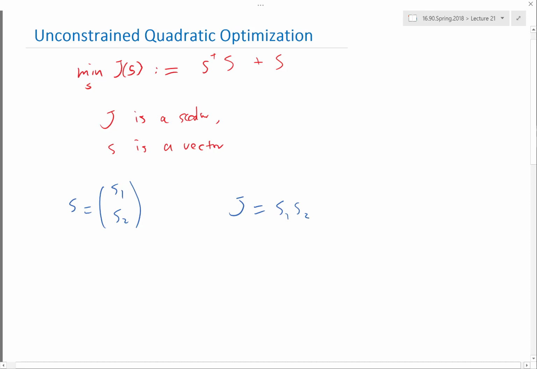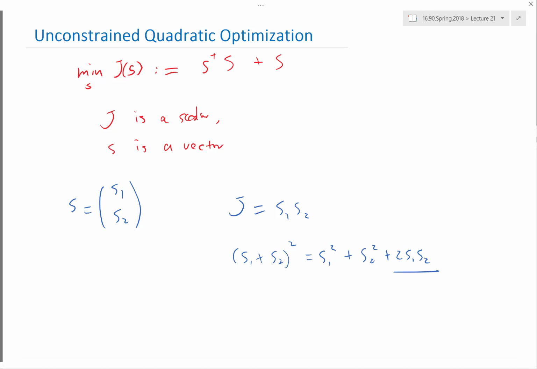To easily see that, if I define J as S1 plus S2 squared, that's obviously a quadratic form, right? It's a linear combination of the two parameters squared. It's quadratic. That will have an S1 squared, S2 squared, and 2 S1 S2. So this is actually a quadratic term. It's one component of the vector times another component of the vector. It's quadratic.